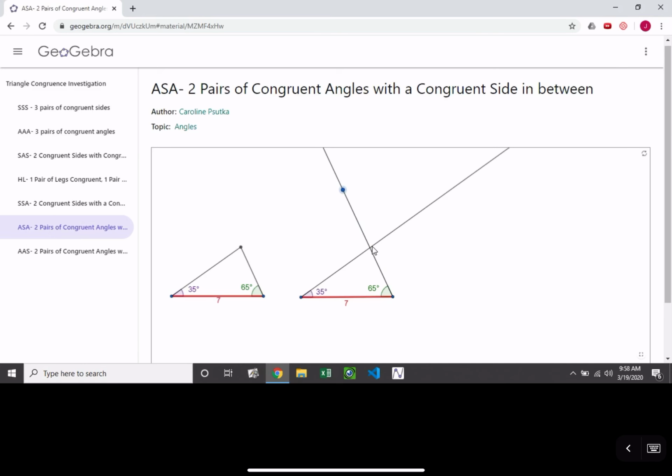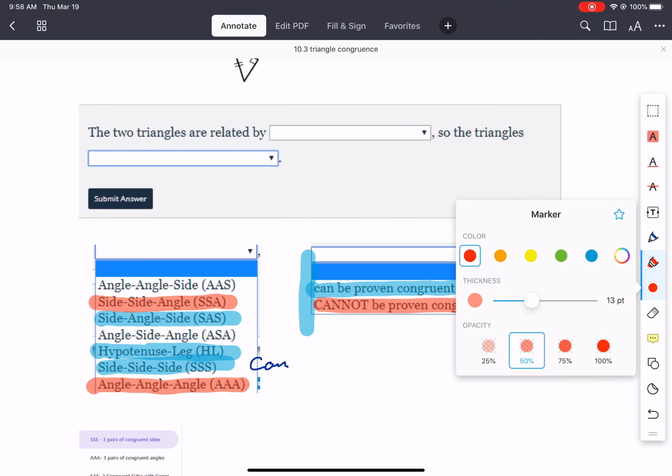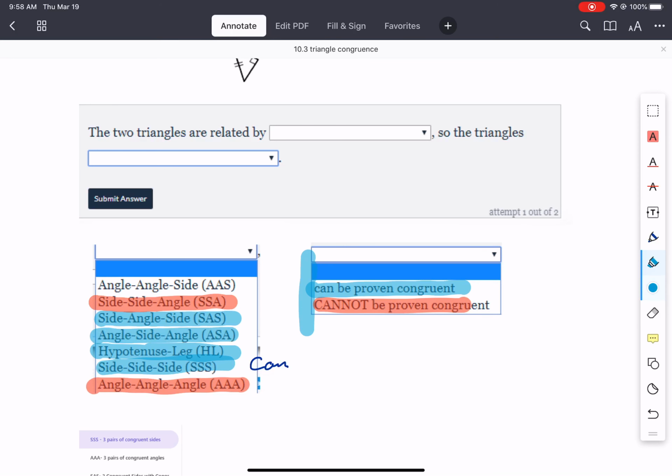They're very much forced to intercept in a single spot. There's no movement I can really do if I've got angle, side, and angle. Angle, side, angle is a yes.